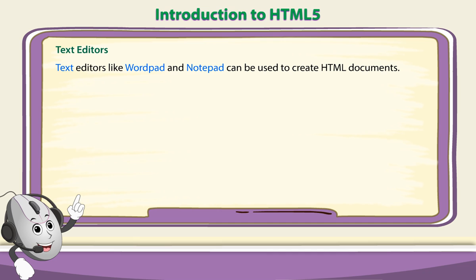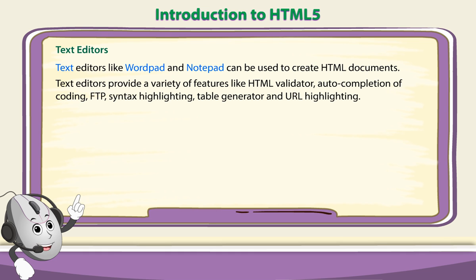Text editors. Text editors like WordPad and Notepad can be used to create HTML documents. Text editors provide a variety of features like HTML validator, auto-completion of coding, FTP, syntax highlighting, table generator, and URL highlighting.